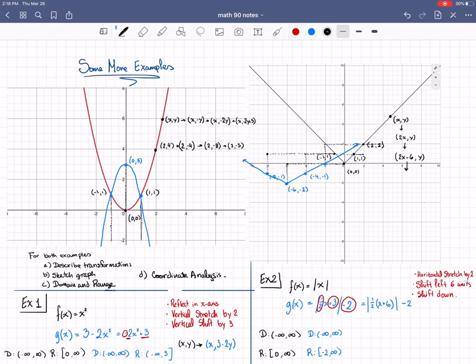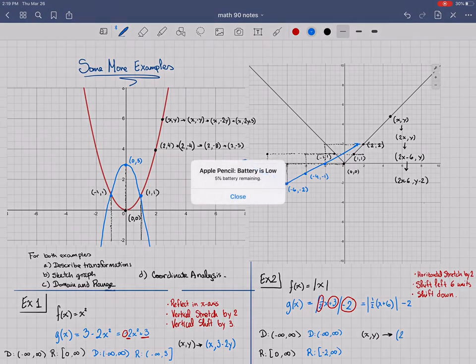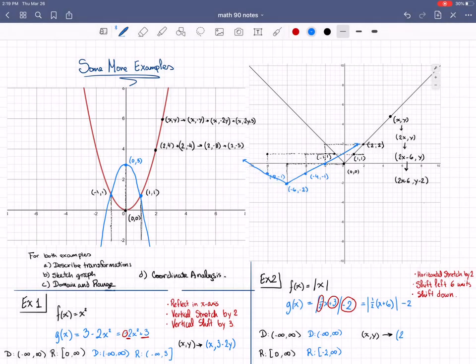And then lastly, the shift down 2 units subtracts 2 from our y-coordinate. So it takes us to 2x minus 6, y minus 2. So meaning, if you start with a point x, y on the graph of f, that lands you at the point 2x minus 6, comma, y minus 2 on the graph of the function g.